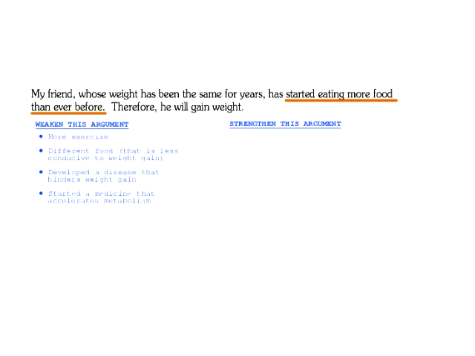Yeah, right. So basically not working out anymore, or even working out less. Same food, or even fattier food.